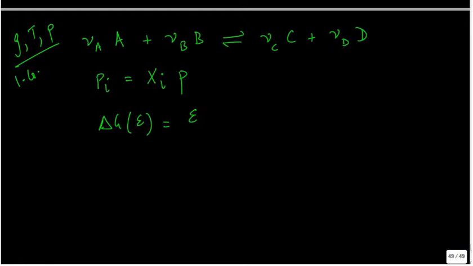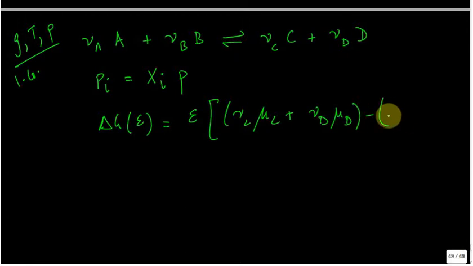Epsilon times nu A means a small amount of A has been consumed. So what I'll do is then just write very simply that it's nu C mu C plus nu D mu D minus nu A mu A plus nu B mu B. Just close that bracket. Right.